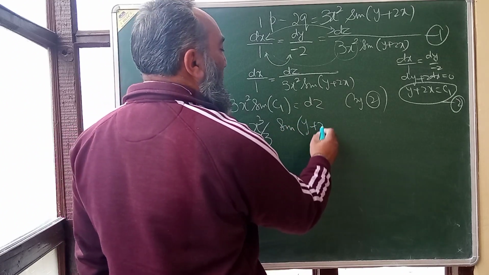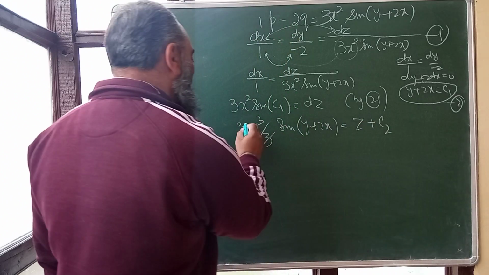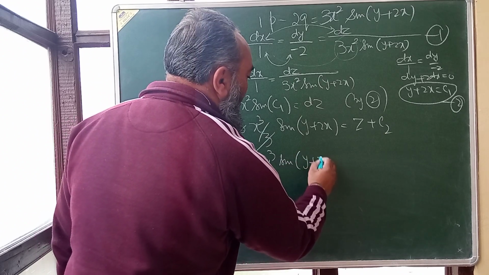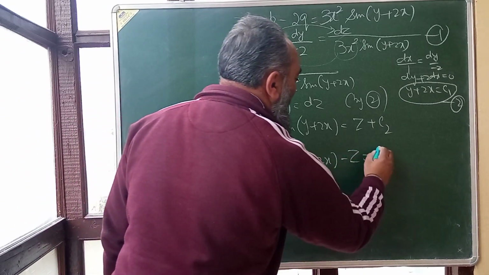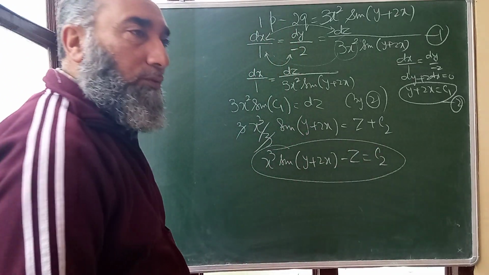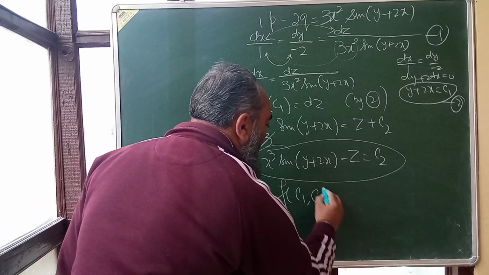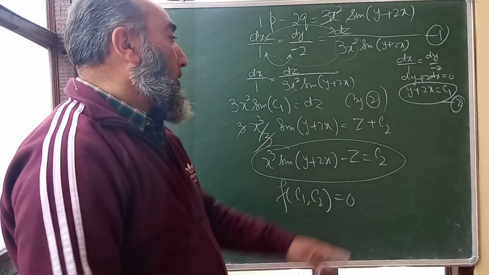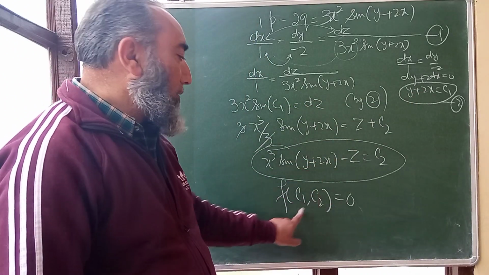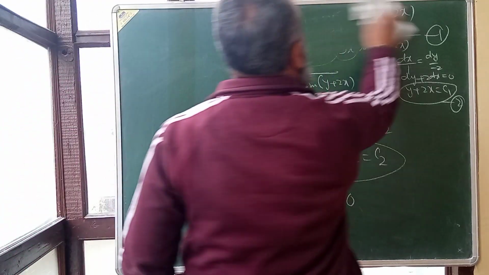What is c1? y plus 2x. So you have x cube sine y plus 2x minus z equals c2. Now you can have the solution as c1 as a function of c2, or c2 as a function of c1, or function of c1 comma c2 equals 0. Next question.